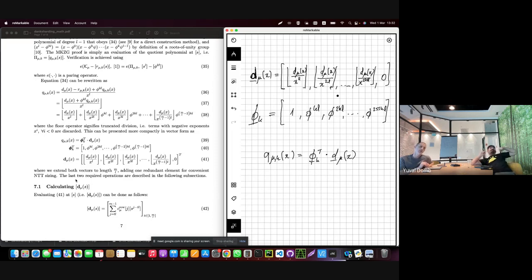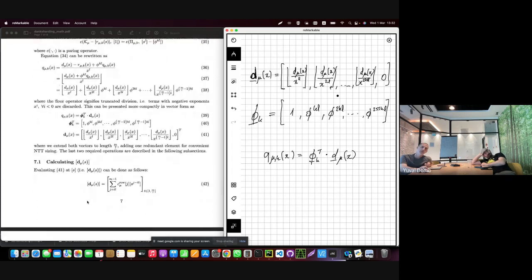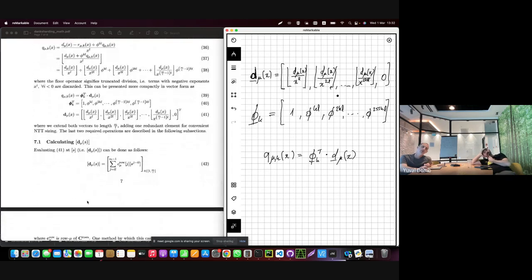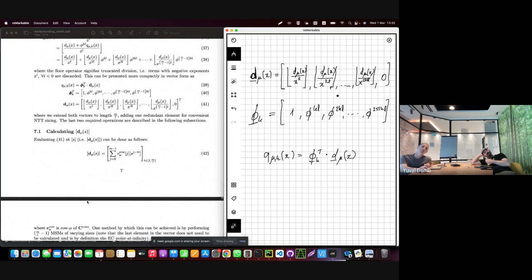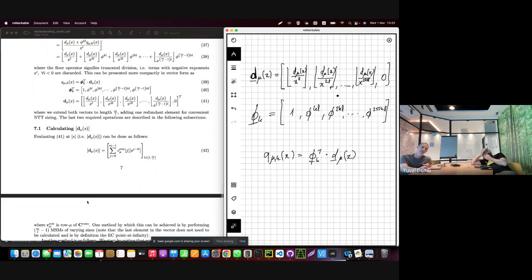What we're going to do is do it in two parts. We're going to sample the vector D at the secret point, and then from there we get to Q at the secret point. Okay, so equation 42 shows how we sample vector D at the secret point.